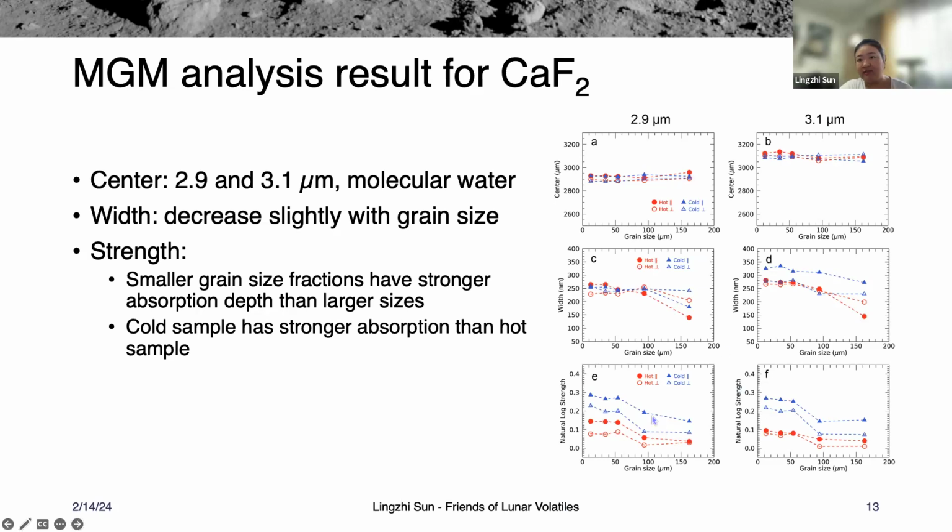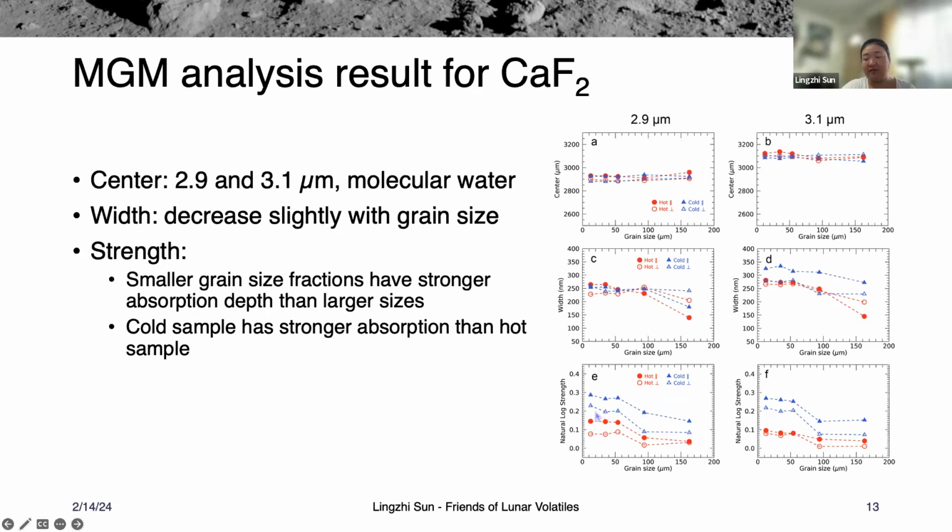But if you look at it, the cold are blue, the hot are red, and the filled circles and triangles are parallel, and the open ones are perpendicular. If you compare the blue and red symbols, the cold always has stronger strengths compared to the hot, and the parallel, which contains the volume scattering part, always has stronger absorption than the perpendicular.